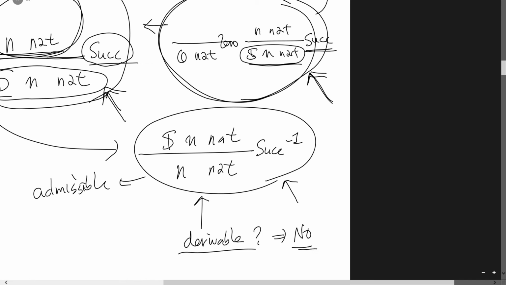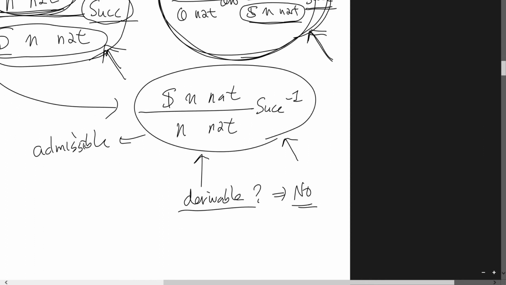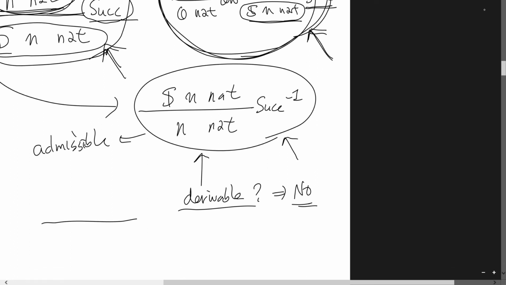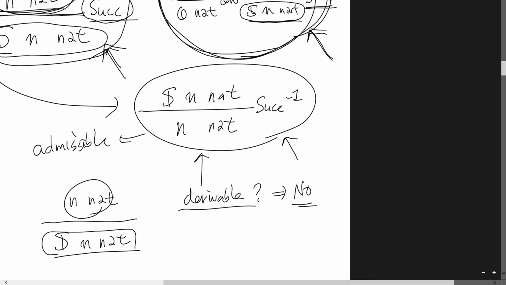This is not derivable because according to the inference rules given here, a derivation tree always looks like this. If you have, for example, successor AND-NAT, then the premise is always smaller than the conclusion. It must be AND-NAT or something like this.